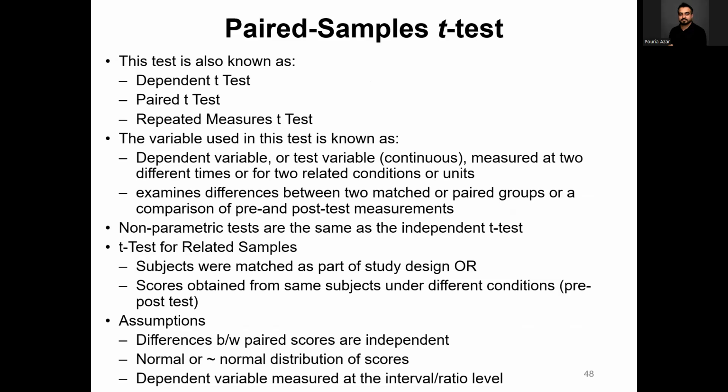And we have some assumptions here as well. The first assumption is that the differences between paired scores are independent. Normal or approximately normal distribution of scores, and the dependent variable measured at the interval or ratio level.